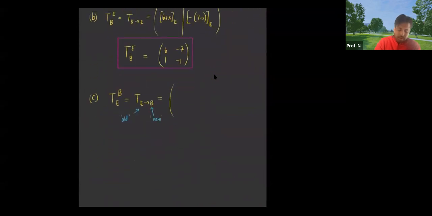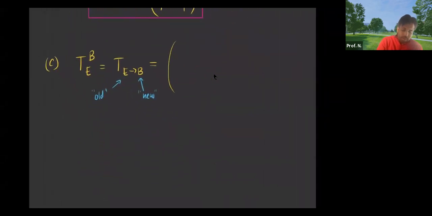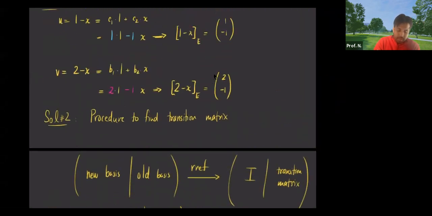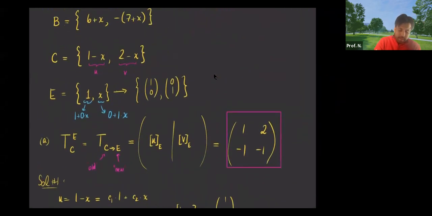Now the long way would be to do what we did here, but it's going to be longer. Why is it going to be longer? If I want to write my old basis, what's my old basis? I got 1 and I got x. I'm going to write 1 and x in terms of my new basis. What's my new basis B? It's 6 plus x and -7 minus x.